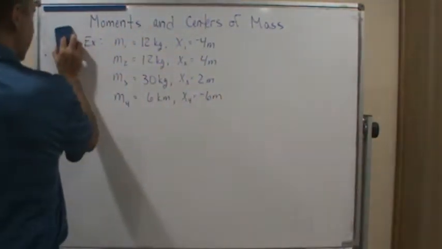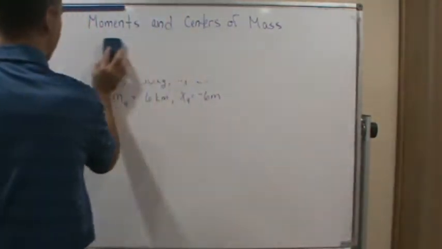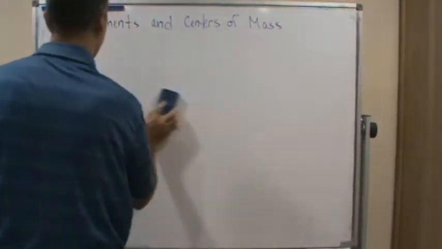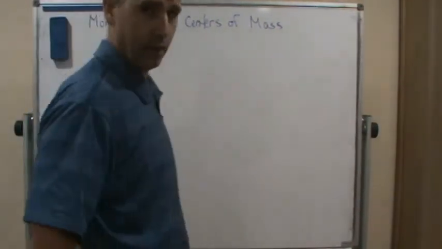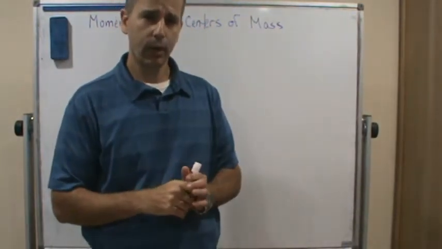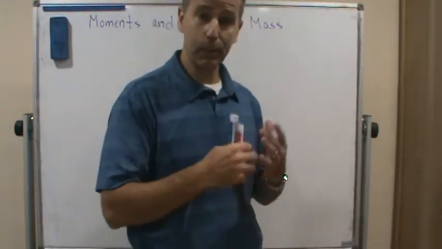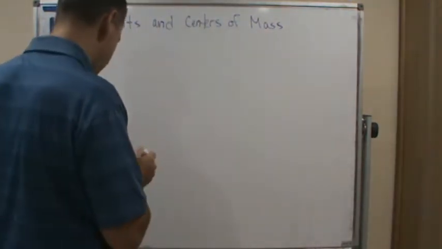So now in this video, I want to talk about expanding this concept of center of mass from one dimension to two dimensions. So let's look at a plane. So let me draw.